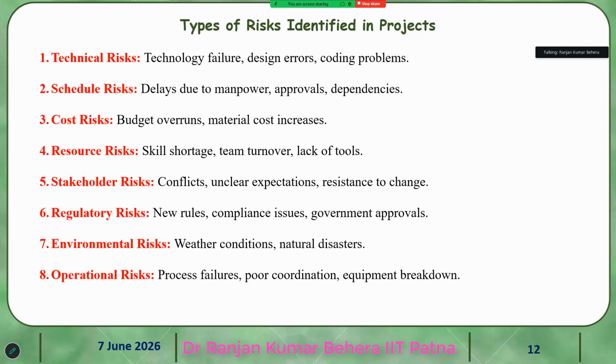And the stakeholder risk. The first thing is conflict, and unclear expectations, and then we have resistance to change. For example, you want to develop something and they say, no, I require this much only, because there are a few limitations in this one.